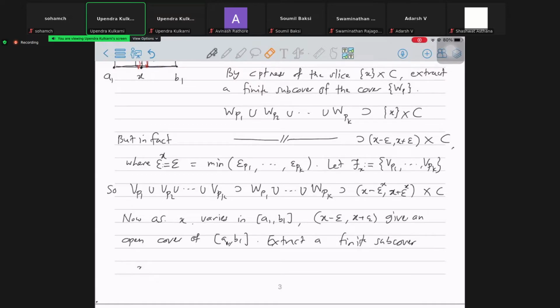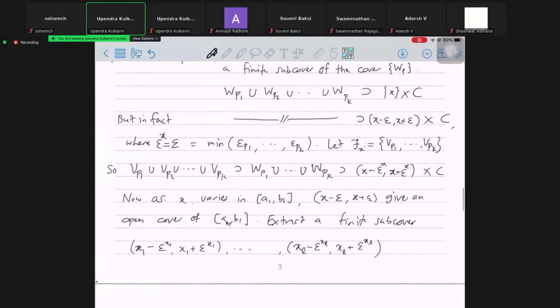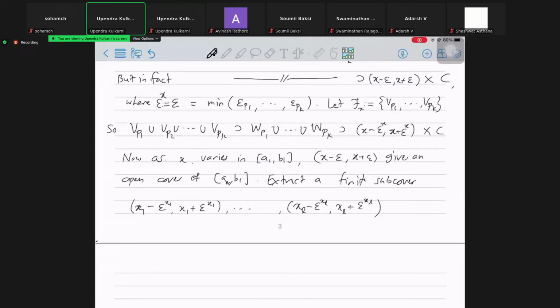X1 minus epsilon X1 to X1 plus epsilon X1, up to... now I need to use a different letter, XL minus epsilon XL, XL plus epsilon XL. Okay.